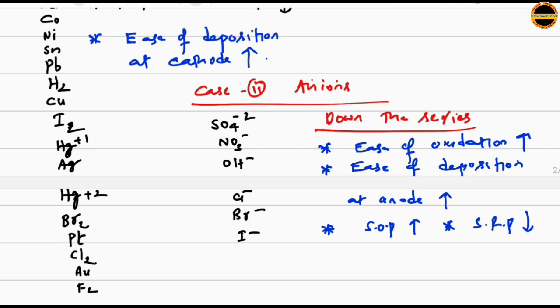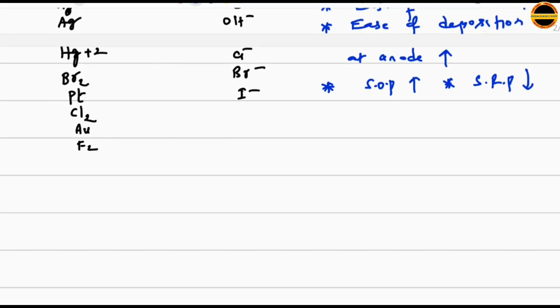Okay, next moving further. Next, write one small note here. Already we specified the relation. So I can write here: ion with more SRP is the best oxidizing agent.